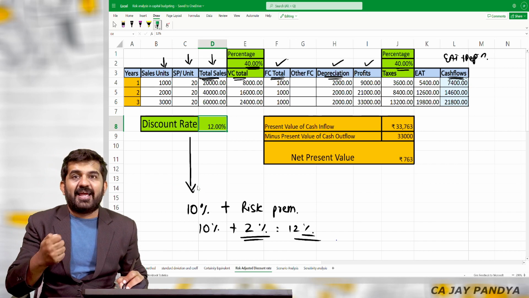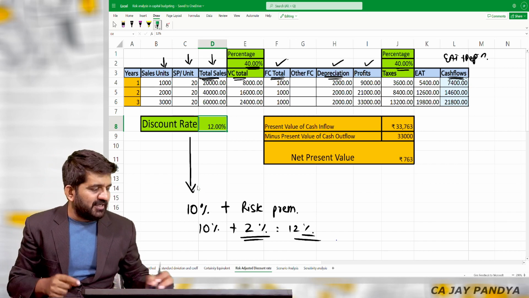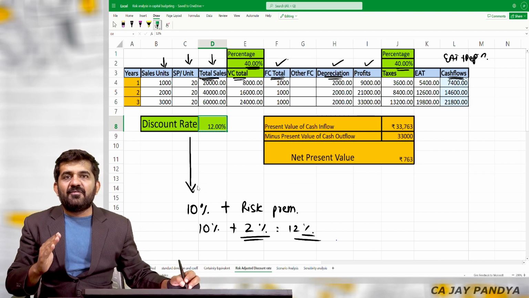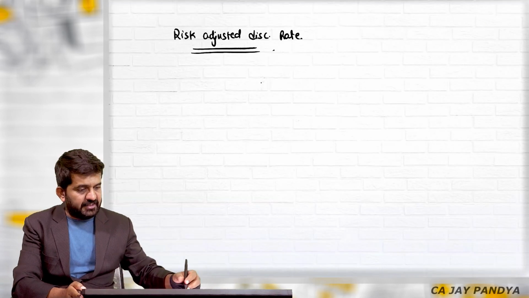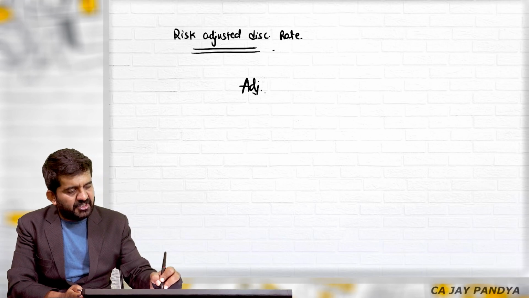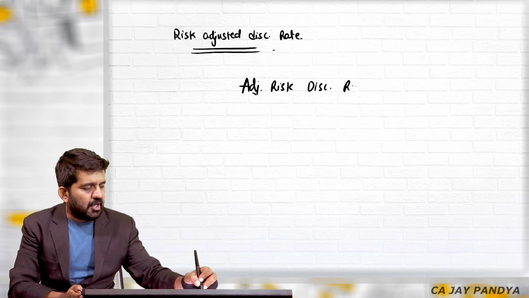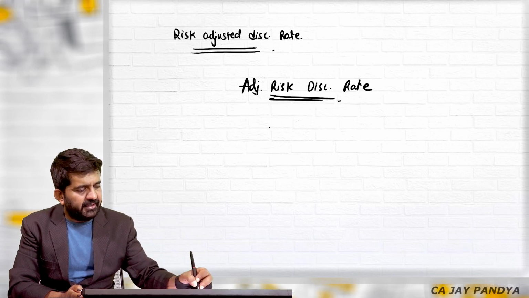See, my NPV from 2100 has become 763. I will adjust risk in my discount rate.